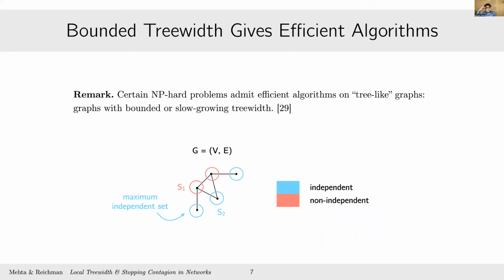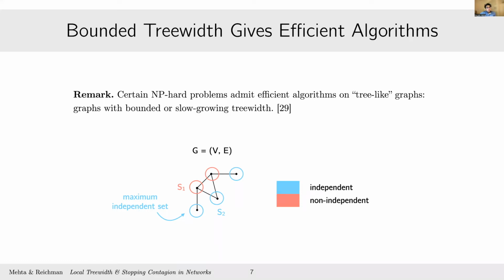So natural question is like, why does this matter? Why do we care about tree width? Well, it turns out for certain NP hard problems, like the maximum independent set problem, it's hard in general, but it also admits efficient polynomial time algorithms on trees. This is perhaps not too surprising because trees are extremely simple graphs.